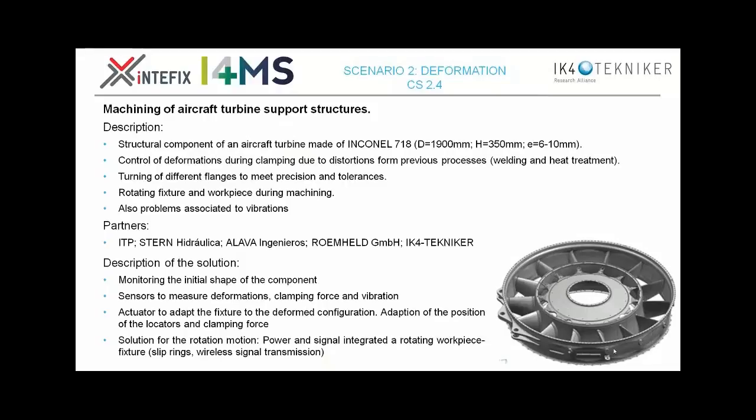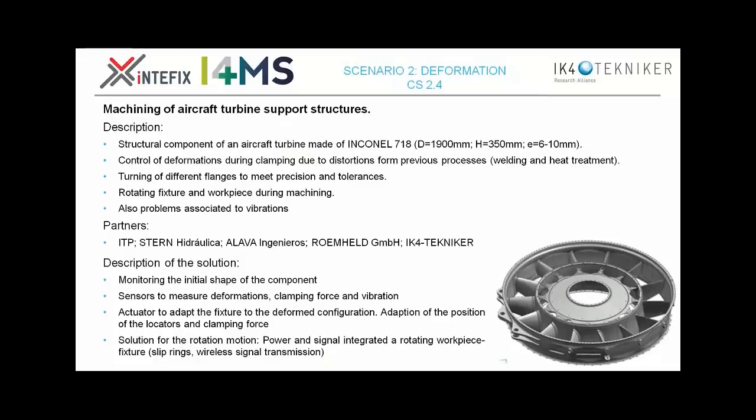And also, in this case, there is an important problem that is related to vibration, but this is a secondary problem because of the low stiffness of the different areas of the machining process. And well, in this case, the machining operation is a turning operation, so it's an additional problem with the rotary motion of the workpiece.